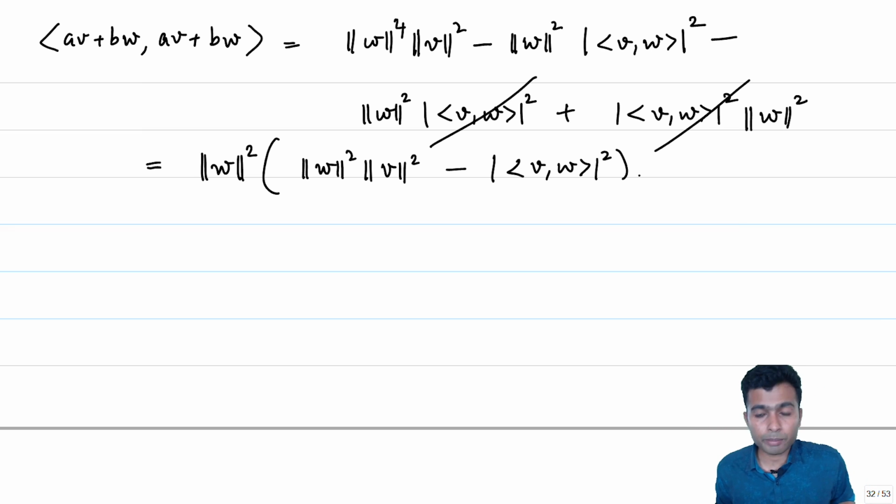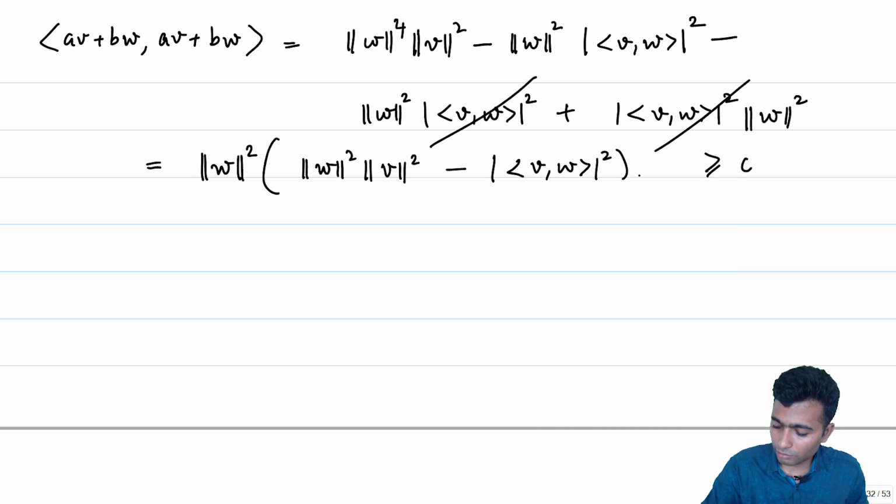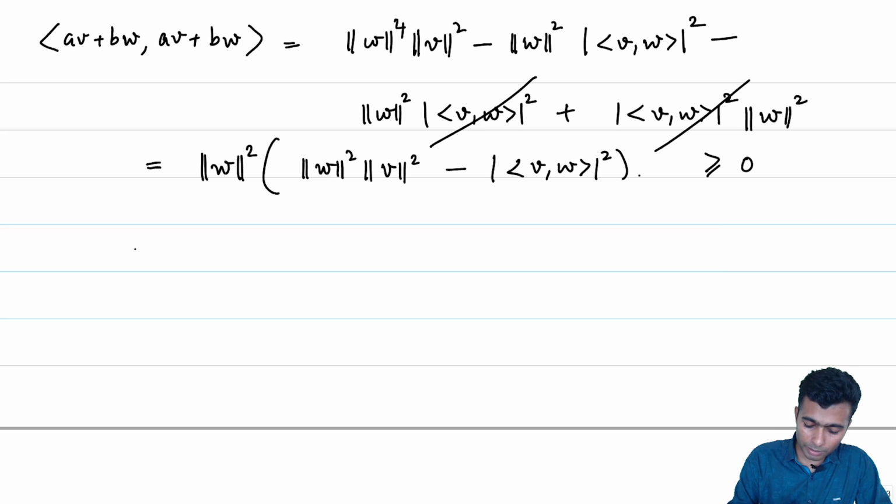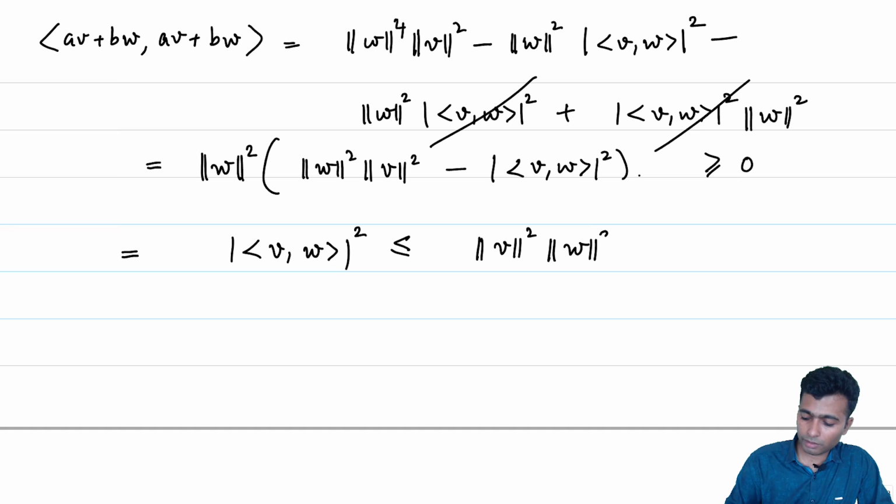But by positivity, we have just observed a few minutes back that this is greater than or equal to 0, and the length of W is a positive quantity. Length of W square is also a positive quantity, and therefore by multiplying by the reciprocal we get the absolute value of the inner product of V and W square is less than or equal to the length of V square times the length of W square.